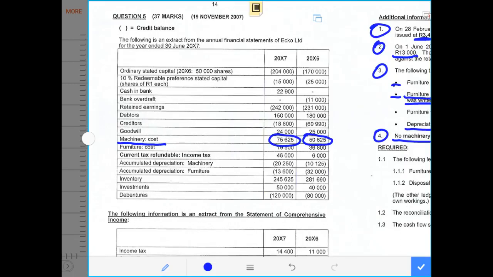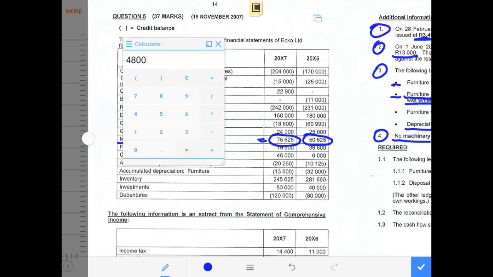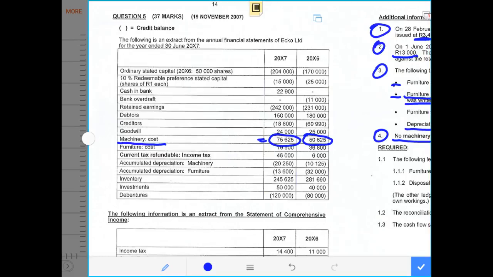That means there was an item of machinery that was bought during the current year. Although there was no sale, there was a purchase. The difference between the two, 75,625 minus 50,625, is 25,000. That means 25,000 will be the acquisition of machinery, that is, machinery that was purchased during the current year.